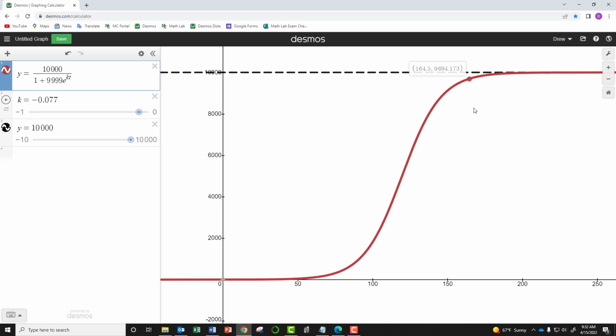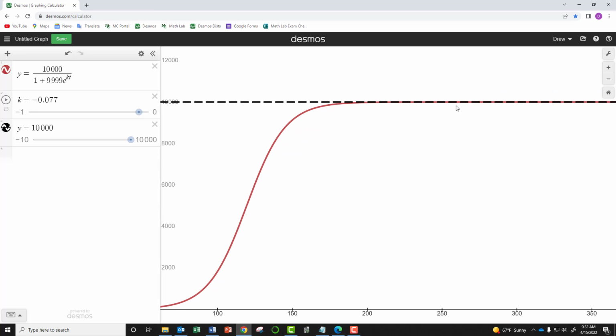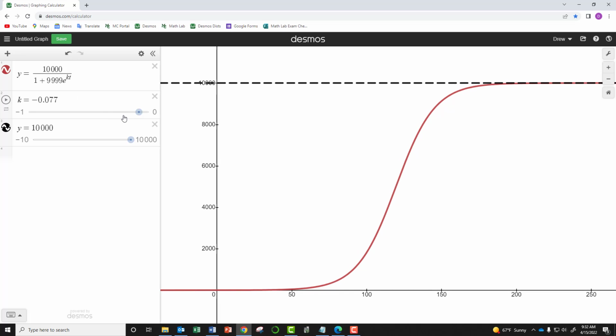And then in this last little bit of the regime, the number of new cases is actually closer to being proportional to the number of healthy cows. And so that's why it slows down as we approach 10,000 cows. And we basically reach 10,000 cows and then we stop, because there's not more than 10,000 cows on the ranch.